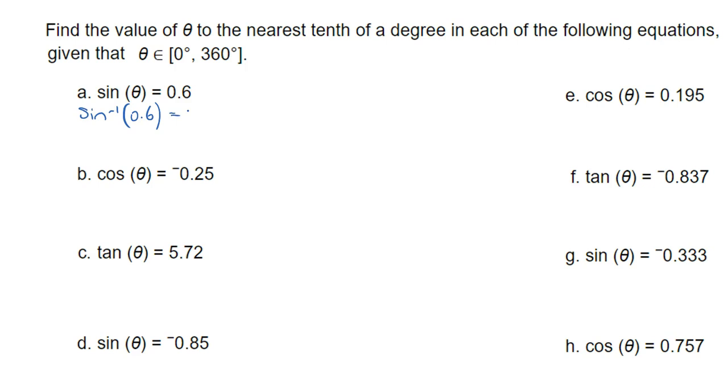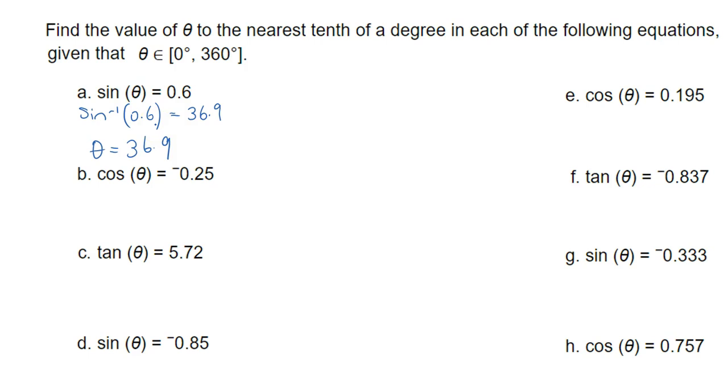This is the calculator bit, going backwards. The inverse sine of 0.6 is 36.9 for one decimal place. So theta is 36.9.